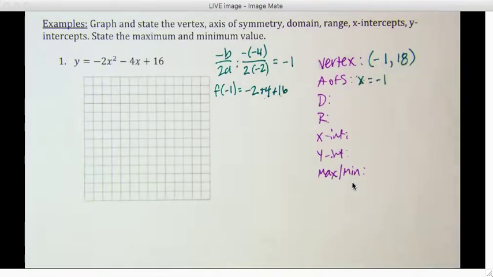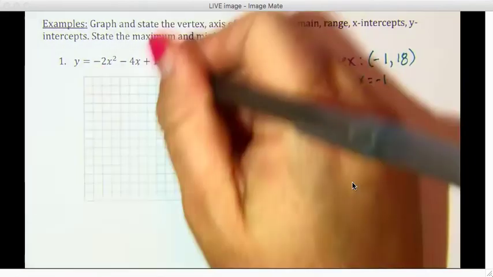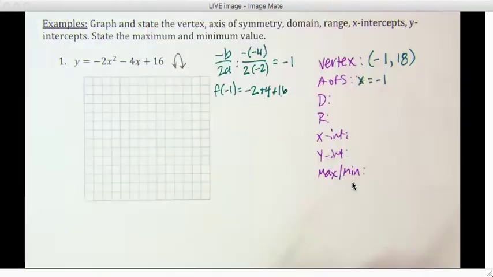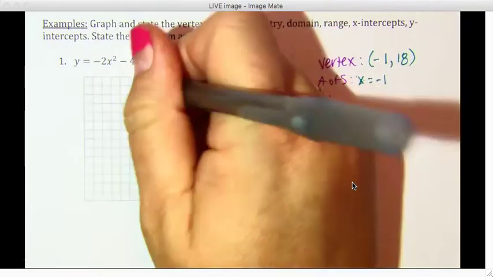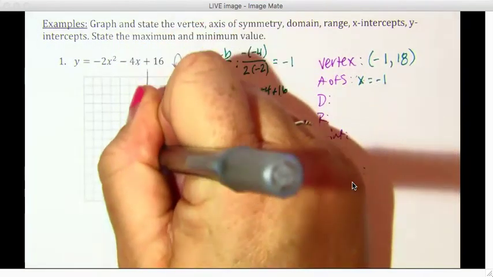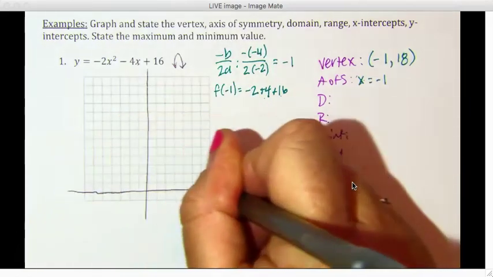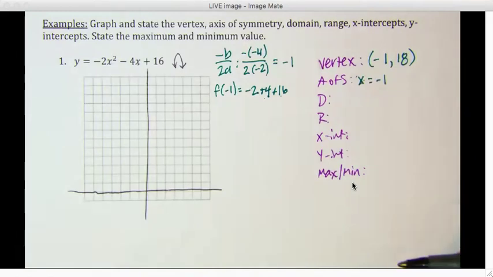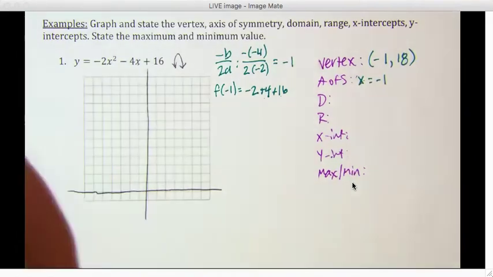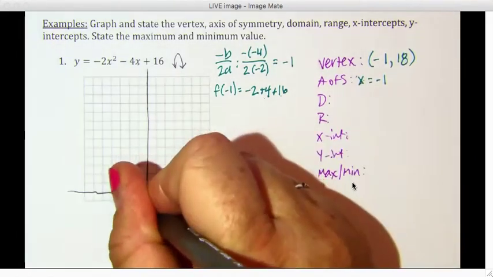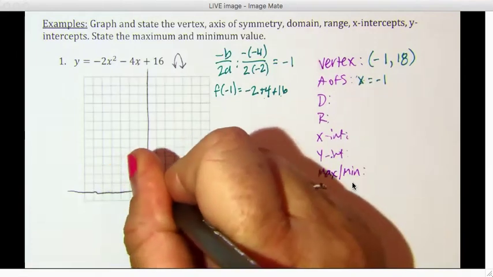I'm going to go ahead and start actually setting up my graph. I know that my parabola is going down since my a value is negative. And I'm going to draw my graph so I have a lot of space up top because my vertex is way up at -1, 18. And on the x-axis, I'm still going to count by ones.